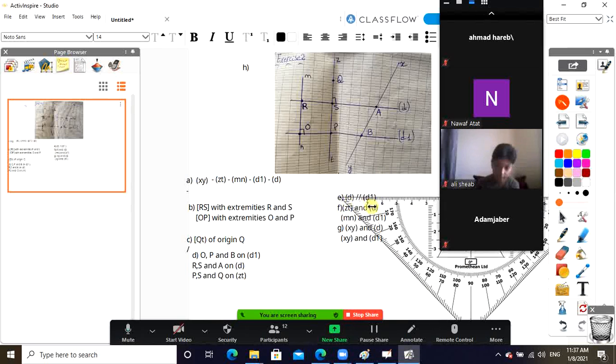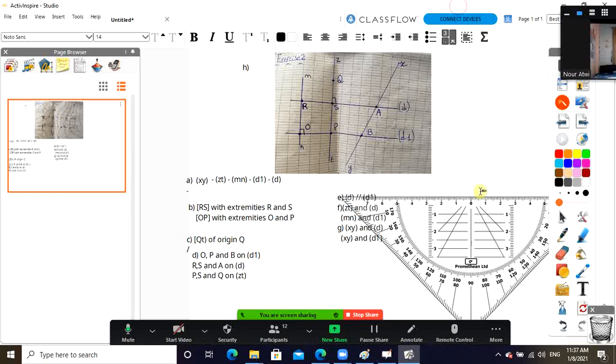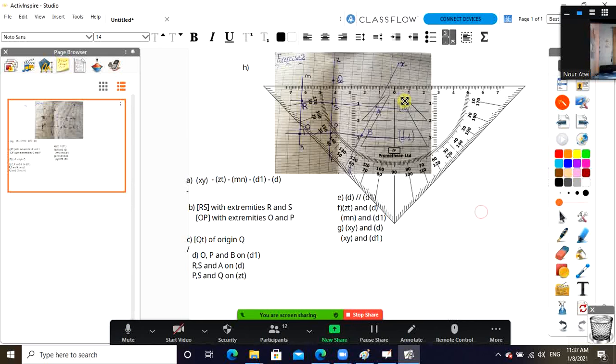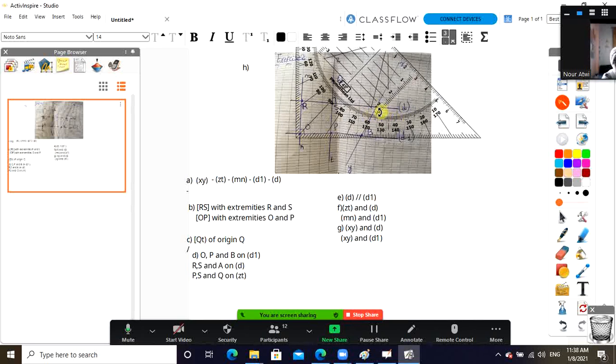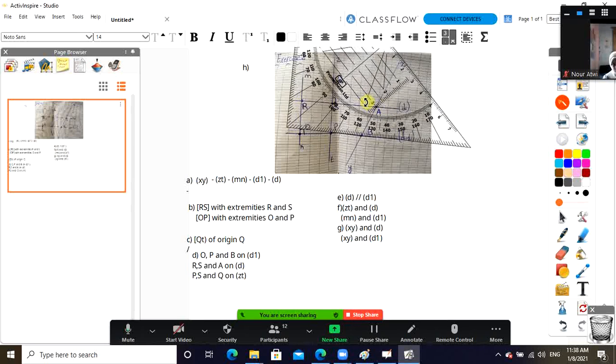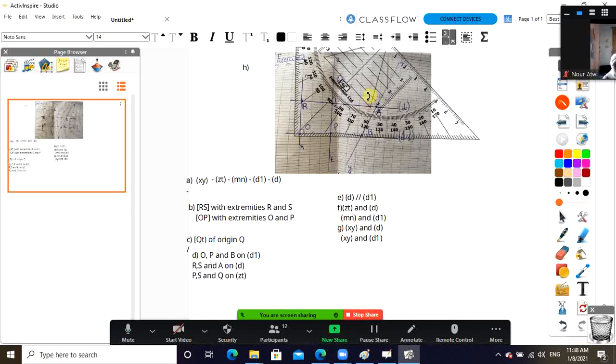On which line do we put it? On D, teacher. I will put it on D and I will turn it till I reach the point A. Since they are asking in the question, draw a straight line UV perpendicular to D and passing through A. Directly I will move my set square on D till I reach the point A. Okay, teacher?